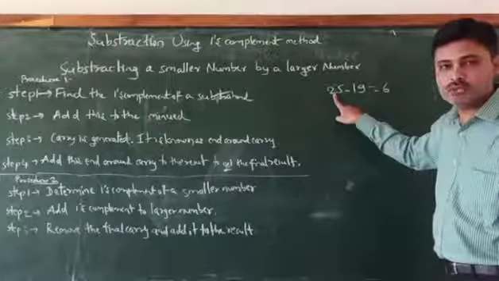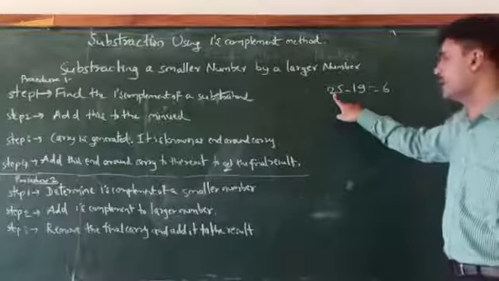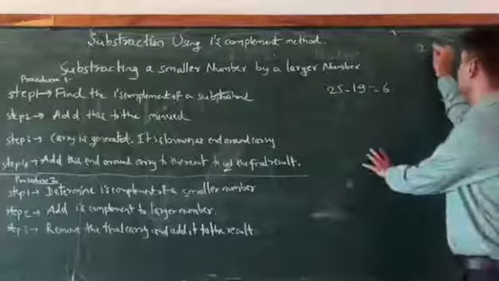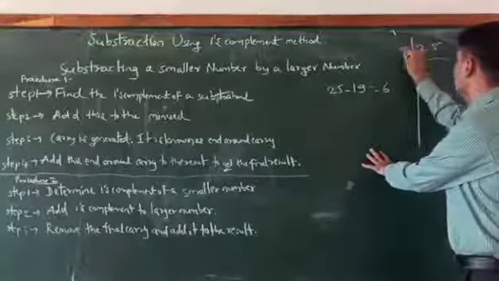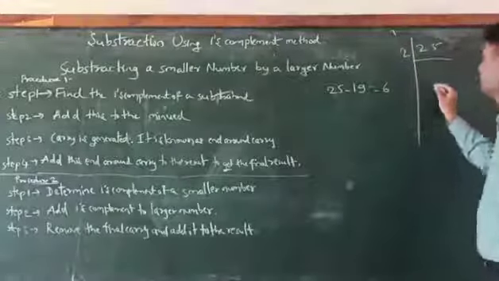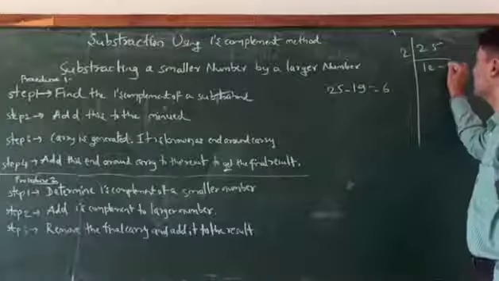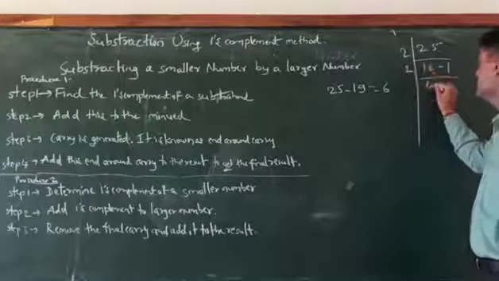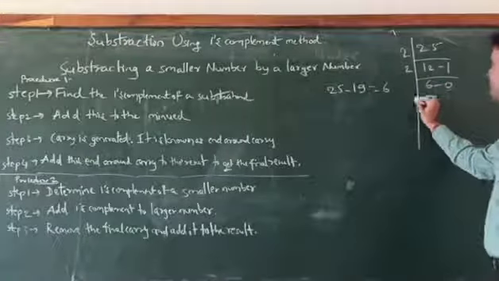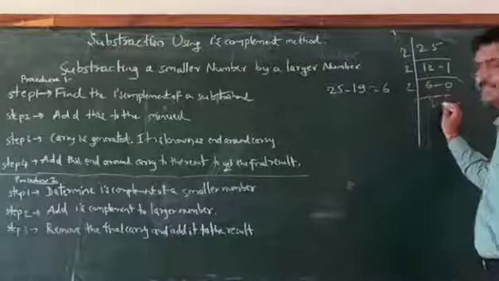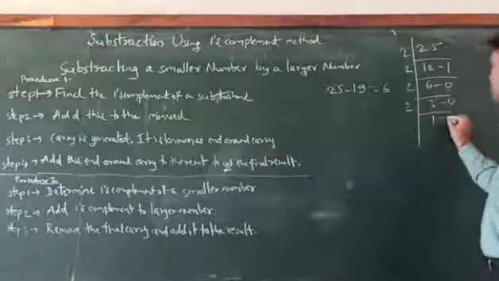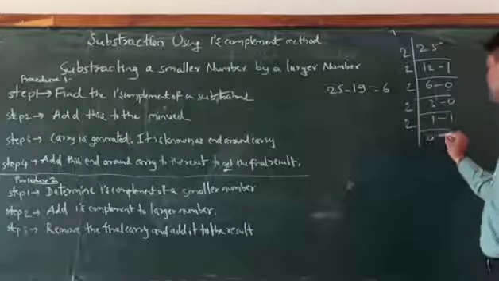First we need to convert the given number 25 to binary. How to convert it? 25 divided by 2. 2 12s are 24, remainder 1. 2 6s are 12, remainder 0. 2 3s are 6, remainder 0. 2 1s are 2, remainder 1, 0, 1.